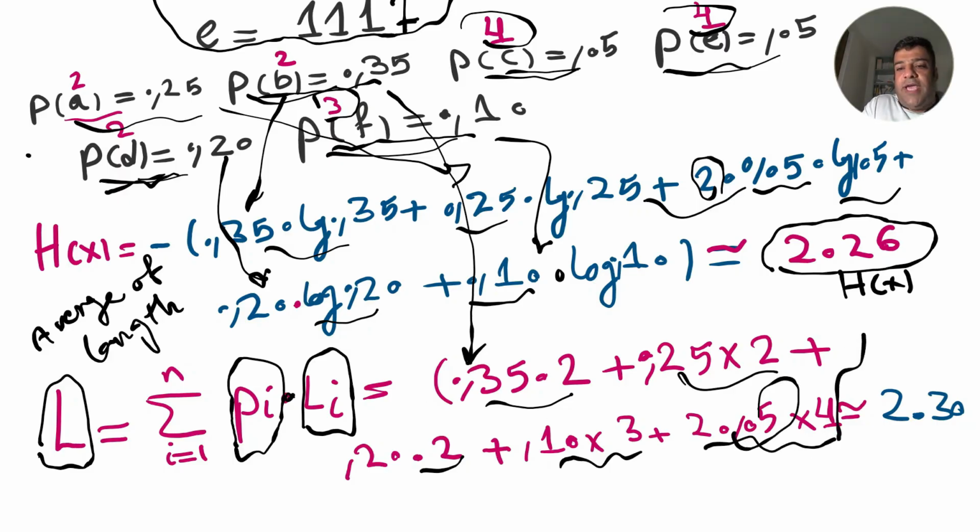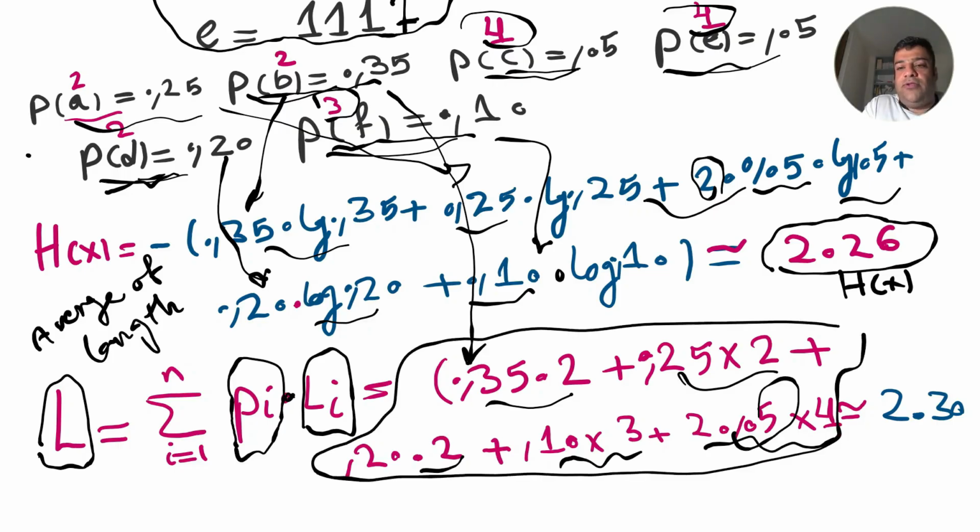If you calculate all of these values by calculator, you achieve this number, 2.30. What is the name of this H(X)? What is the name of this L? The average length of the code words.